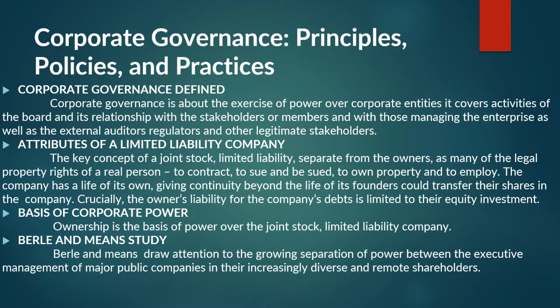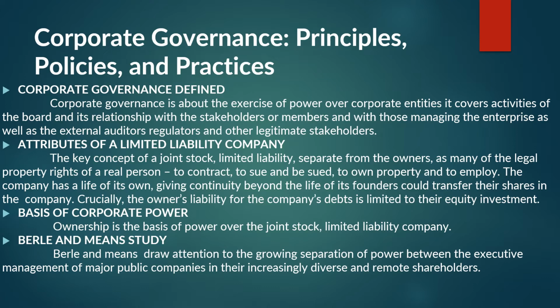Move to the next point, which is attributes of a limited liability company. The key concept of a joint stock limited liability company is that it is separate from the owners, with many of the legal property rights of a real person, to contract, to sue and be sued, to own property, and to employ.